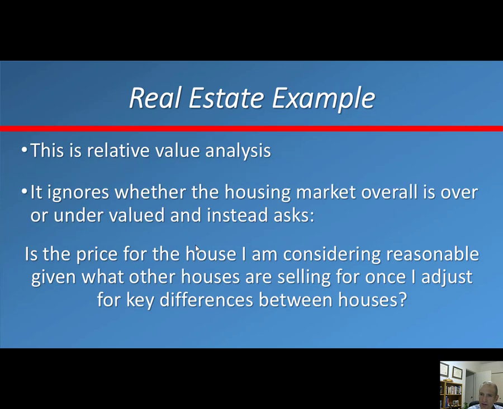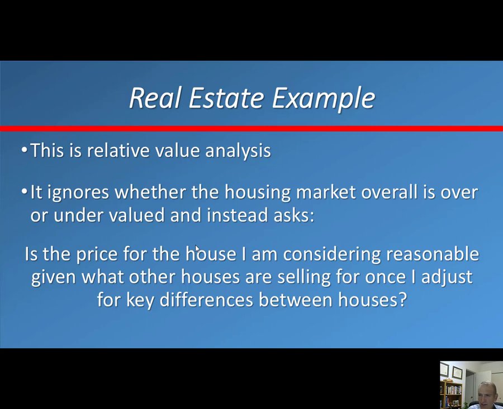So there's the real estate example. This is relative value analysis. When you buy a house, you just automatically do relative value analysis. You may not do it with R squareds and computer models, but at least mentally you're thinking about it. Oh, this house is trading for 150, and this other house is trading for 250, but this house that's cheaper has an old roof and the fence is coming down.